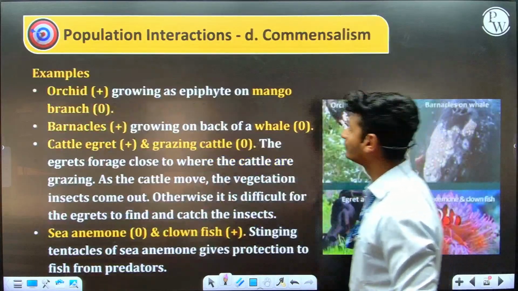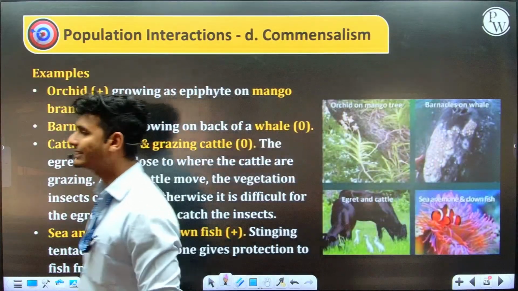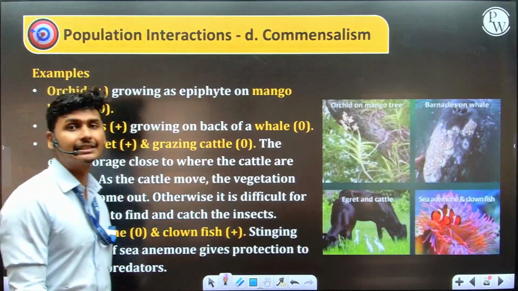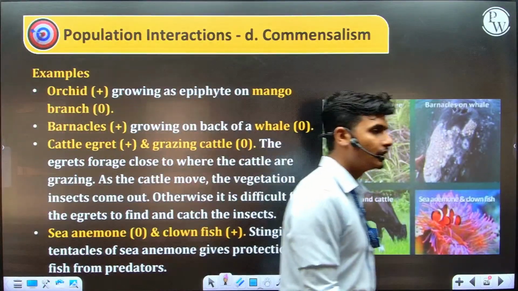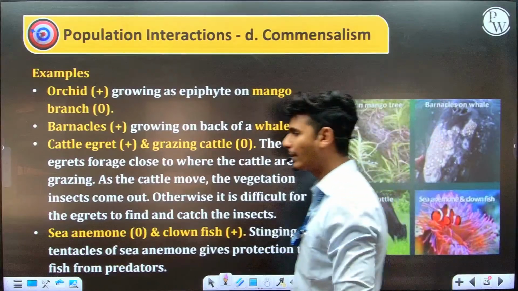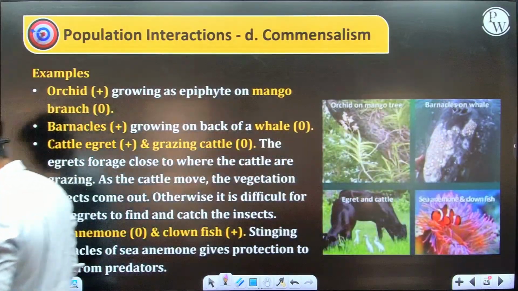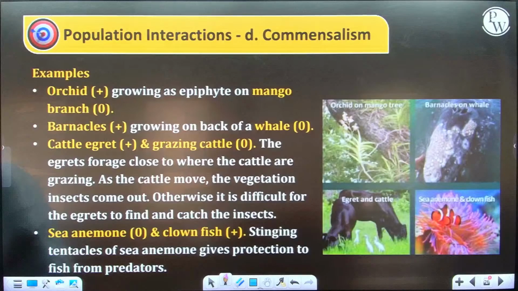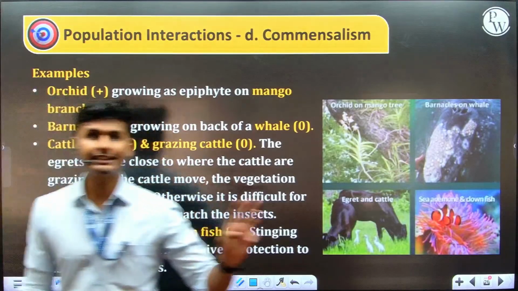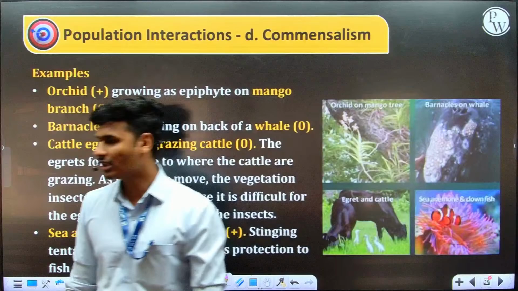Now, the fourth terminology is commensalism. What is commensalism? Just tell me the symbols of commensalism. I am waiting for your answer. You have 30 seconds. Tell me the symbols of commensalism.